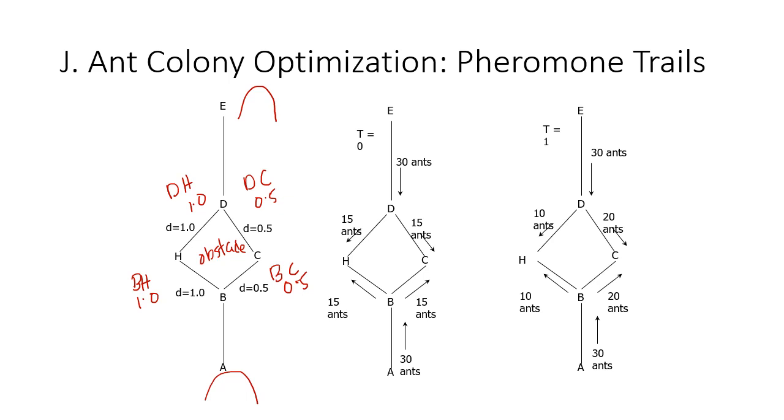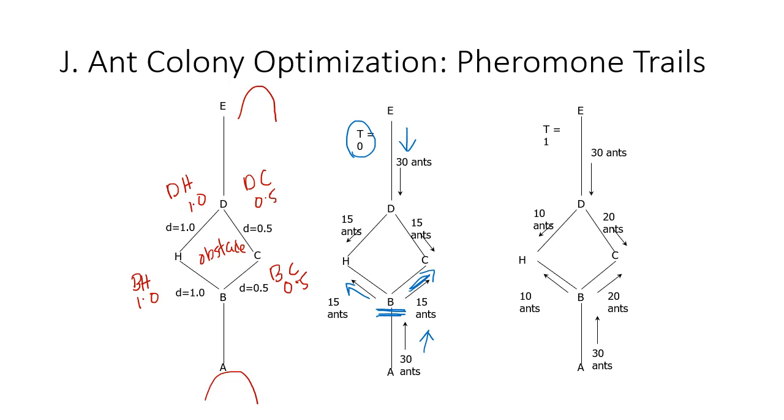At timestamp t equals 0, 30 ants move from nest E and 30 ants move from nest A. When they reach B, half of the ants will follow the BH trail because currently there is still no pheromone trail. Therefore, the probability is 50-50, and another 15 ants will go through the BC trail.